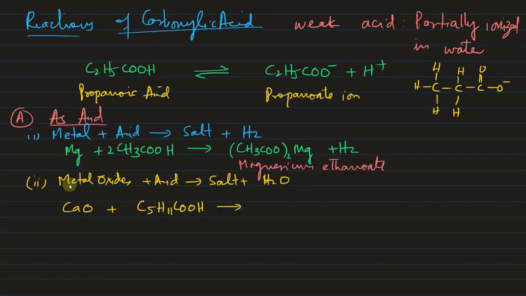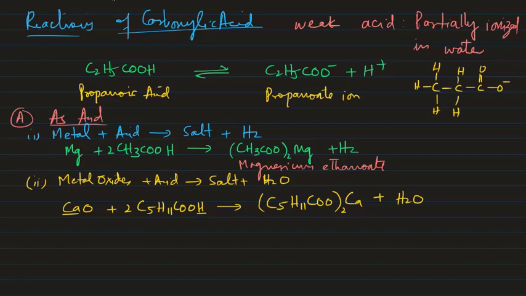The same thing happens, calcium will replace hydrogen, and we get C5H11COO, which is a negative 1 ion, and calcium is 2 plus. You write 2 here to make it calcium salt along with the water. Let's balance this equation, writing 2 here.